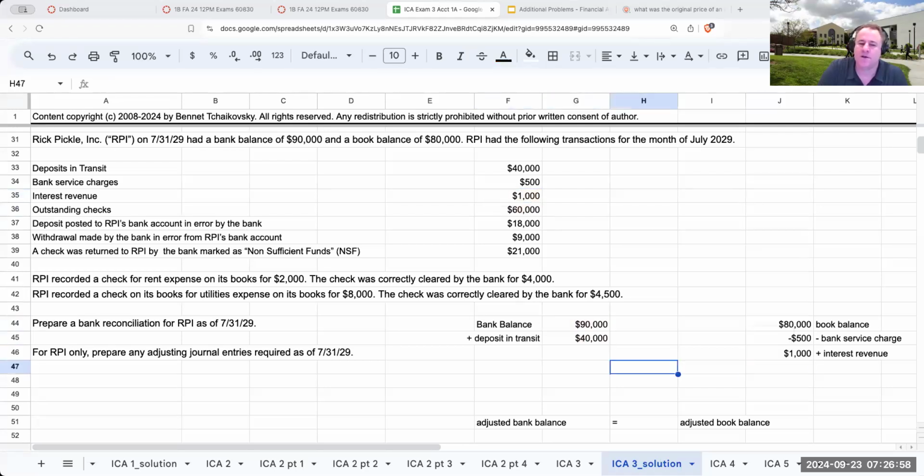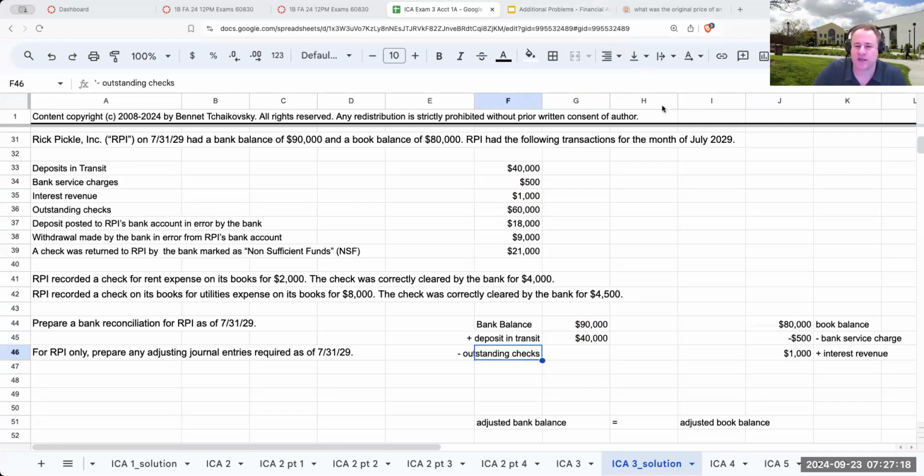Now, what are outstanding checks? Well, outstanding checks are those checks I've written on my books, but they have not yet cleared the bank. Remember, some people do still use paper checks. So over here, outstanding checks. And again, what is an outstanding check?